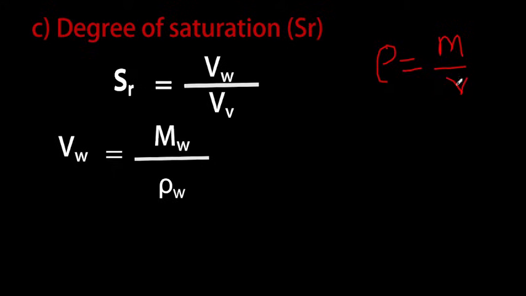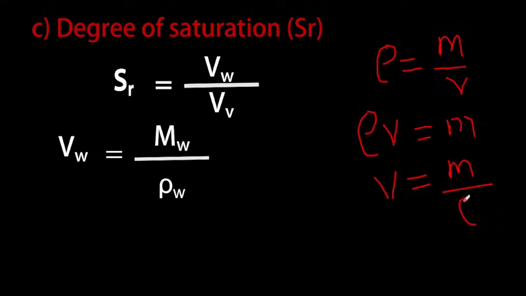So if we make this the subject of formula, we have V equals m over rho. So as you can see, it's the same thing, except that we are looking for the volume of water. So in order to get the volume of water, we are going to divide the mass of the water by the density of water.